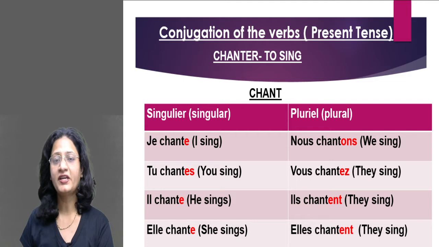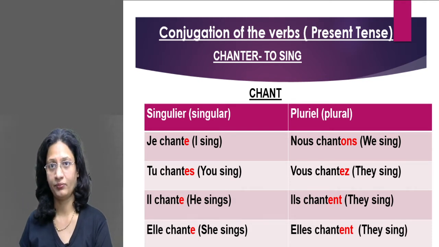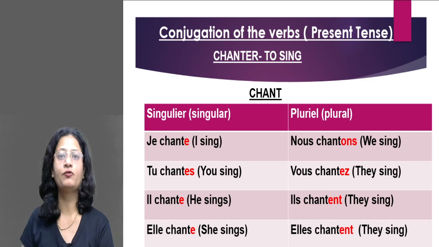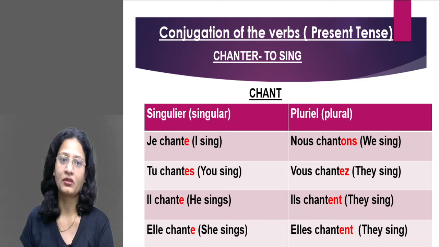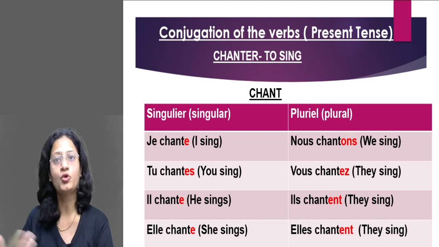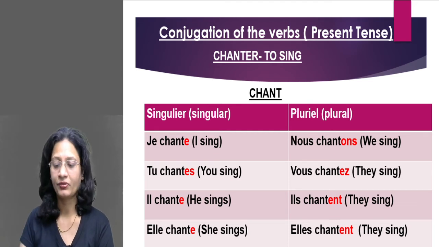For pronunciation, all the subject pronouns except nous and vous are the same: chante, chante, chante. But for nous the pronunciation is nous chantons, and for vous, vous chantez. For example, if you want to say I sing, then je chante. You sing, tu chantes. Correct.